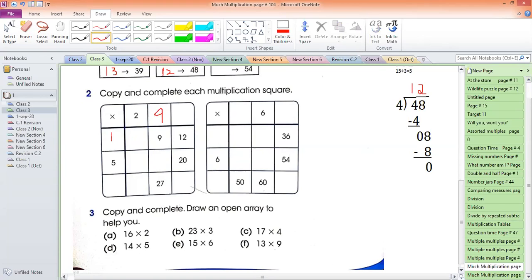Now guys, look here. If I write 1 here, this means I need to multiply 1 by any number, and the answer should be 12. Tell me. You don't need to write it. I'm explaining why we cannot write 1 multiplied by 9 here.